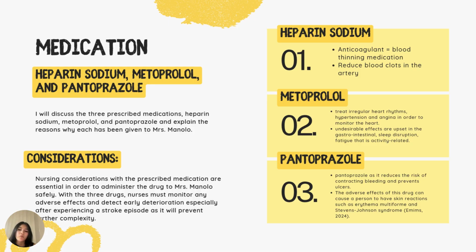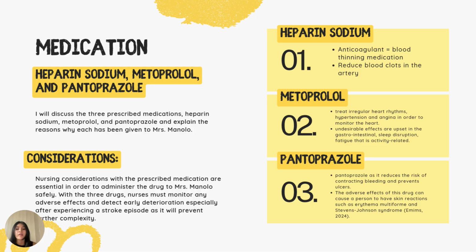Law and Martin 2020 has shown that metoprolol is a medication that is mainly used to treat irregular heart rhythms, hypertension, and angina in order to monitor the heart. Thus, Mrs. Manalo has been prescribed with this medication as she has high blood pressure.